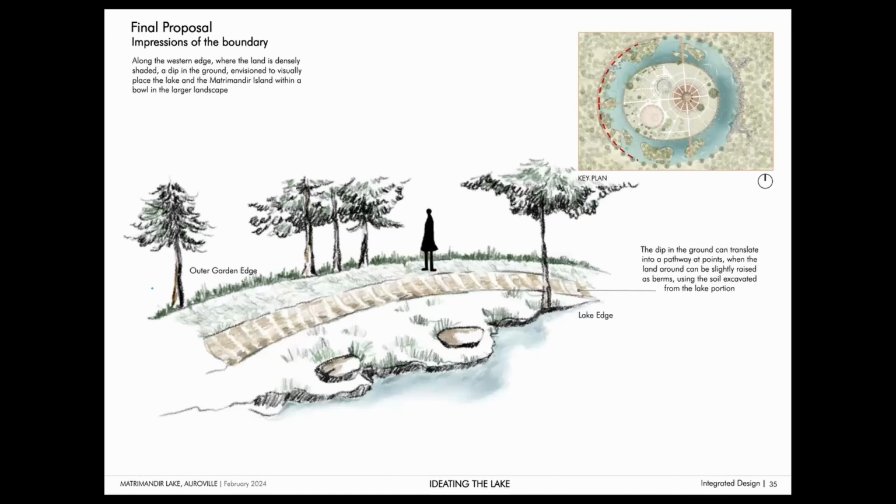And as one moves towards the western edge, integrating the stepping stones and the islands, the edges start becoming a lot more natural and a very important space of transition from the outer gardens, which in my head is the larger outer space, if one were to think of it as the more profane landscape, as one moves towards the more sacred landscape, which is the island and the Matrimandir.